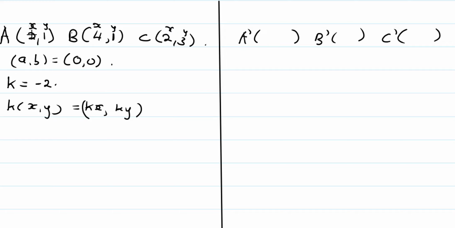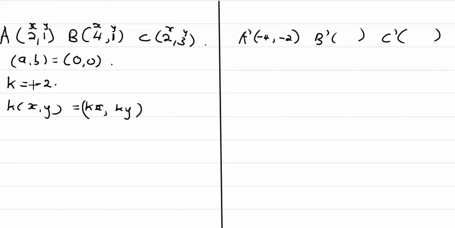So can we start with the first one? We have x is 2, but we know our scale factor is -2. So -2 multiplied by 2 will be -4. Then we go to the y one. So it will be -2 times 1, which is -2. Then we go to B and repeat the same.